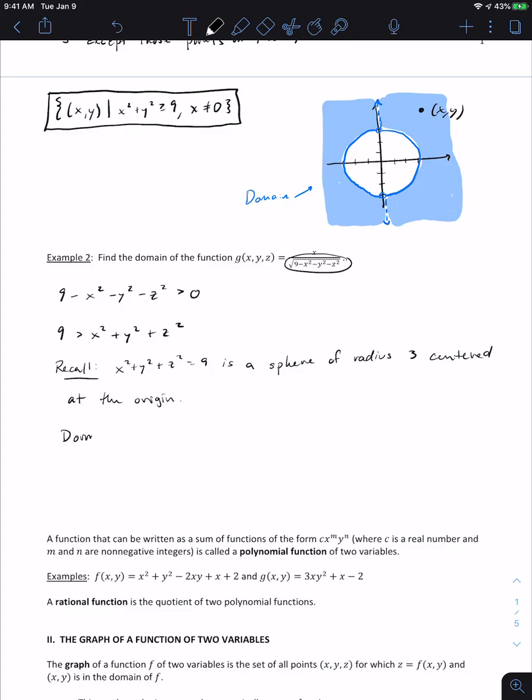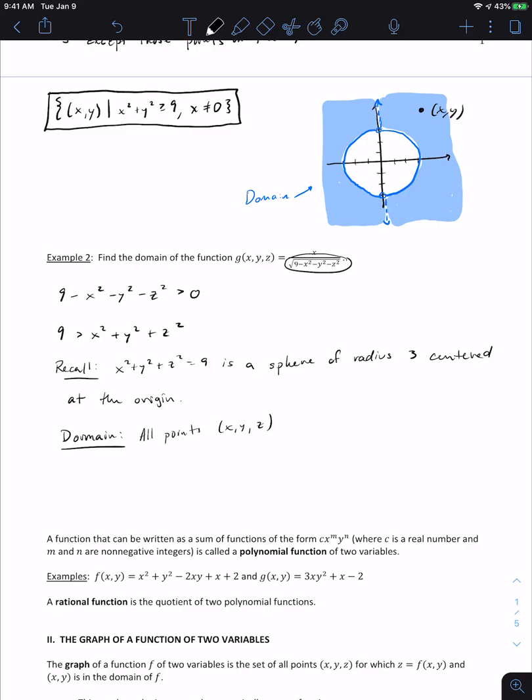So now when we go to state our domain, remember we want our guys that we plug in to be smaller than that and not equal to. So if I were going to write out the domain, it would be all points, this time x, y, and z, right?